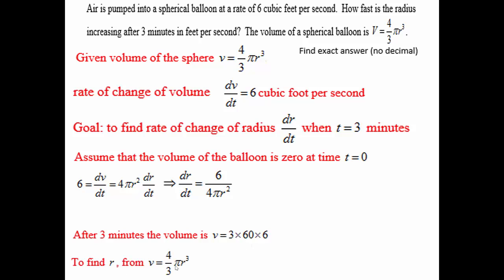To find r, we plug this volume into this equation here. So you write r cubed equals 3V over 4 pi, and we know V is the volume, which is 3 times 60 times 6. Plug it here. At the end you simplify for r. r cubed is this, so to find r, it will be the cube root of this.